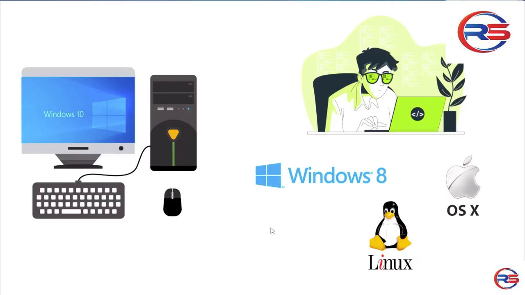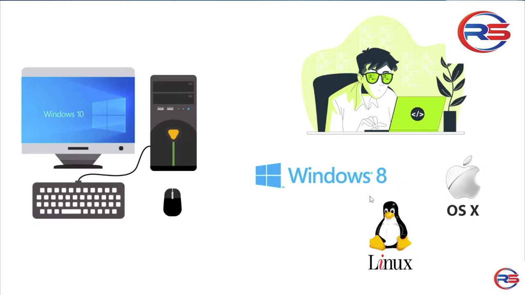Another example, if I'm using Windows 10 or Windows 11, but now I want to run something that needs Windows 8 or that needs the Mac operating system or Linux operating system. In this situation, if I don't know how to use a hypervisor, I have to buy a whole new computer that has Linux or Mac operating system.